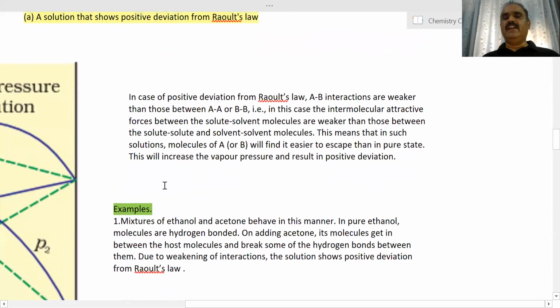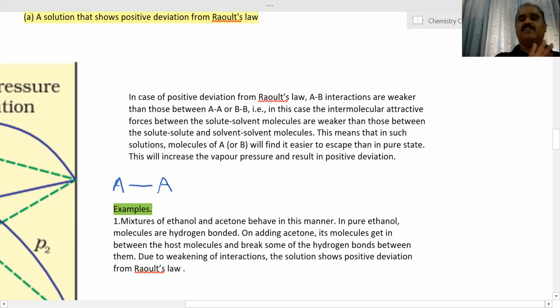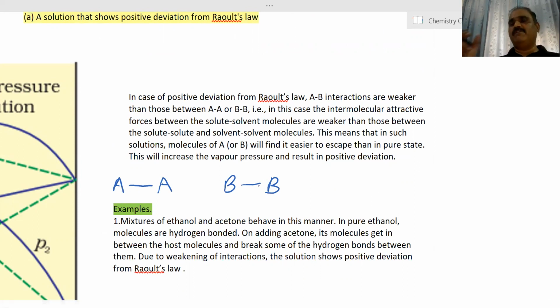Means when A and B were separate, we can represent it like this. See, when A was in separate container, there was A interaction. Okay, in beaker 1. In beaker 2, B molecules are there having B interaction. Clear? Now we have mixed A and B together, 25 ml A, 25 ml B. Homogeneous mixture.